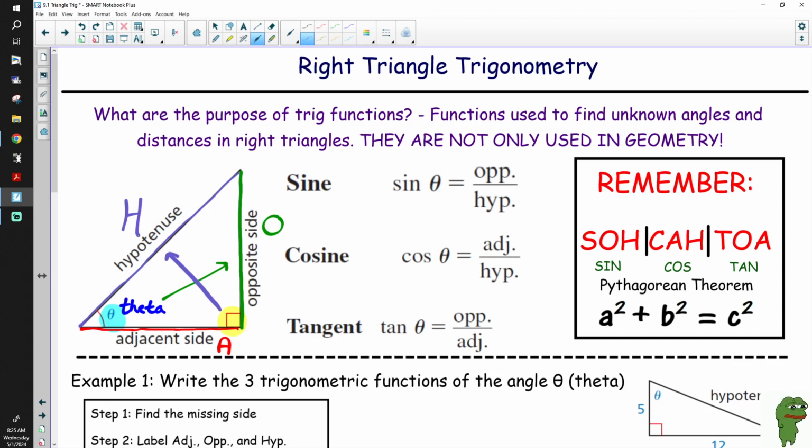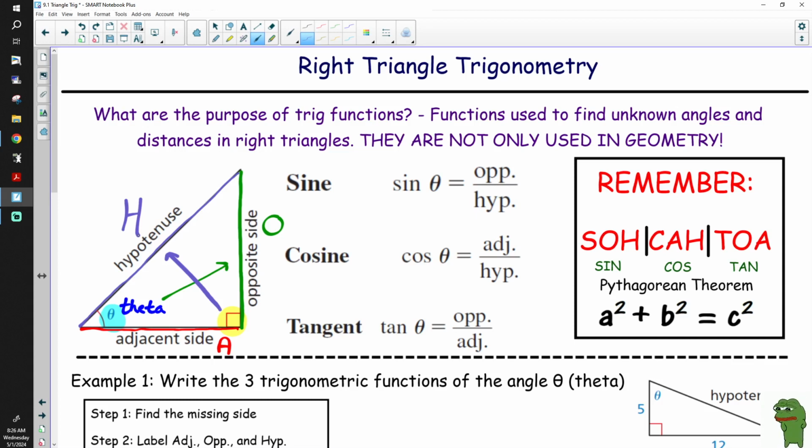Cosine is always the ratio or fraction of our adjacent side divided by our hypotenuse. Cosine is adjacent and hypotenuse. So sine is opposite over hypotenuse, cosine is adjacent over hypotenuse. And last but not least, we have TOA, our tangent.